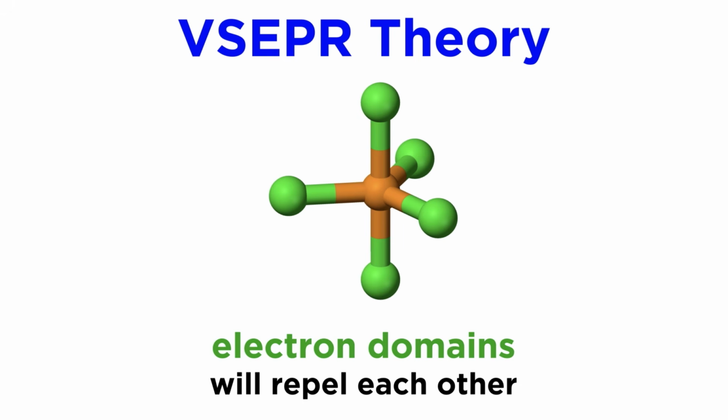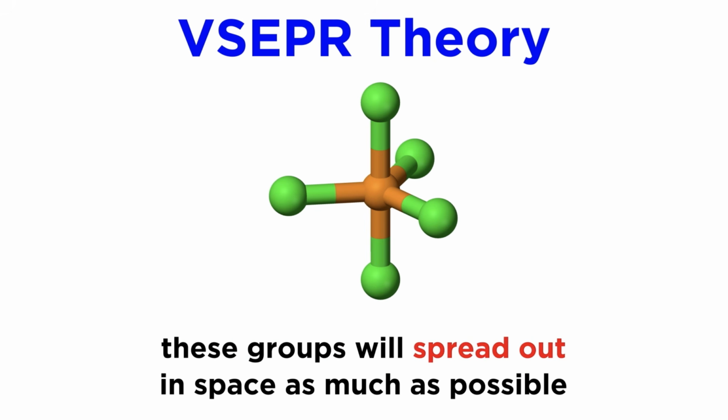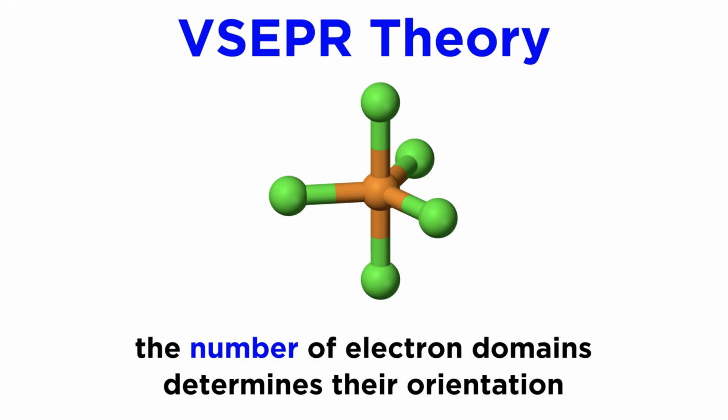The central idea of VSEPR theory is that the things that surround an atom, whether they are bonding pairs of electrons or lone pairs, consist of negatively charged electron density, and these areas of electron density will repel each other. This means that the electron domains surrounding an atom will spread out to be as far away from each other as possible. The orientation that these electron domains will adopt depends on the number of them present.